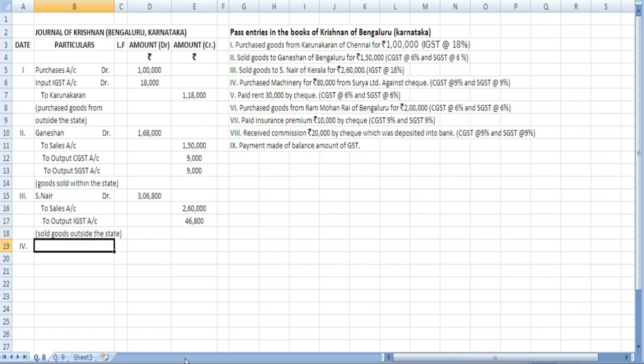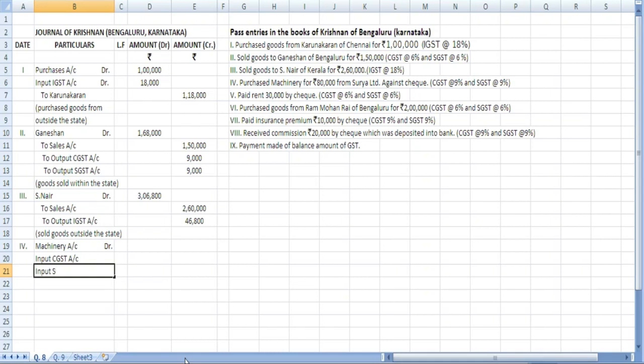Here machinery account will be debited because we are getting the machinery, and we are going to debit input CGST account because we have to pay some GST at the time of purchase of the machinery.